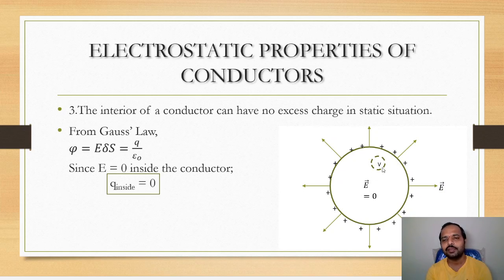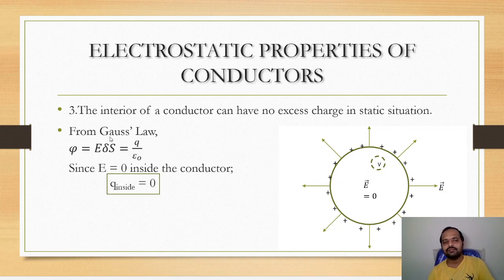In this small element of volume V, I can safely say that the electric field everywhere inside the conductor is 0, which means even in the case of this volume element, the electric field is 0. So when I apply the Gauss theorem, I get that the flux is equal to E into delta S, that is the electric field multiplied by the surface area of this volume element V, which is equal to Q by epsilon naught.